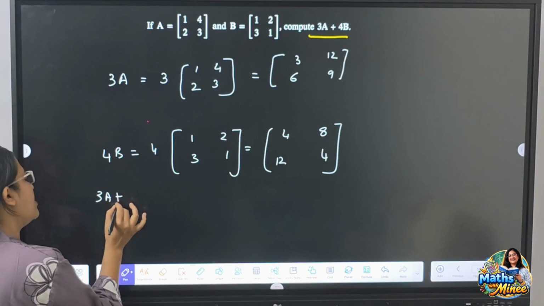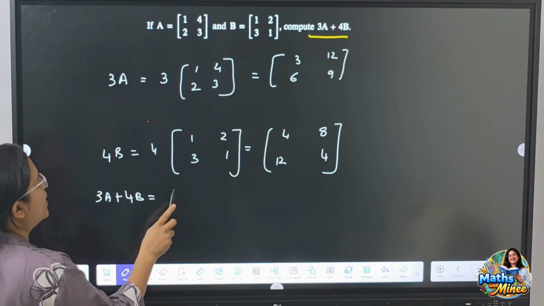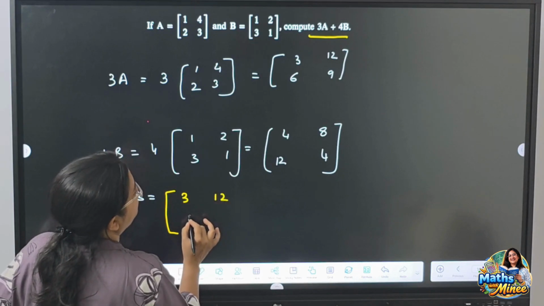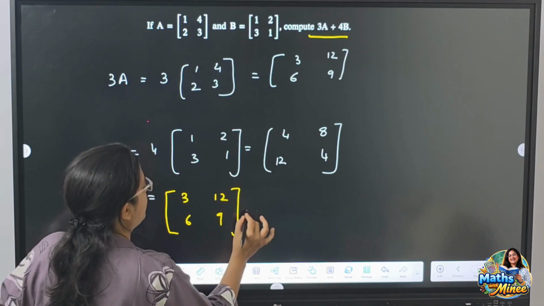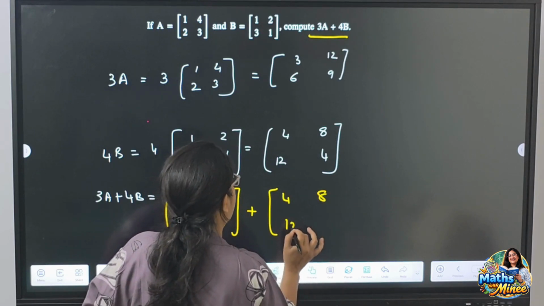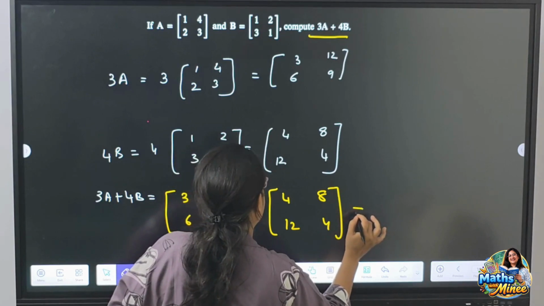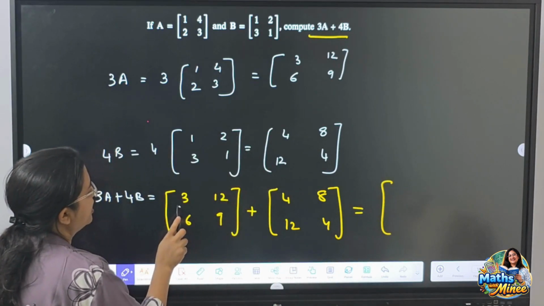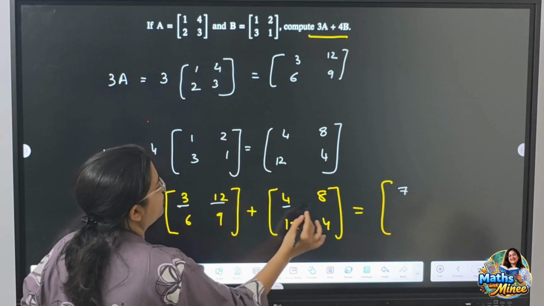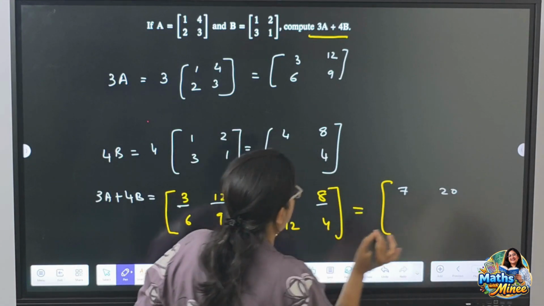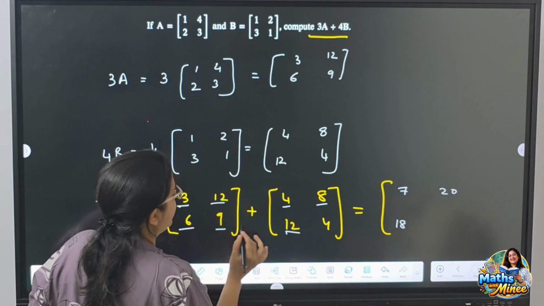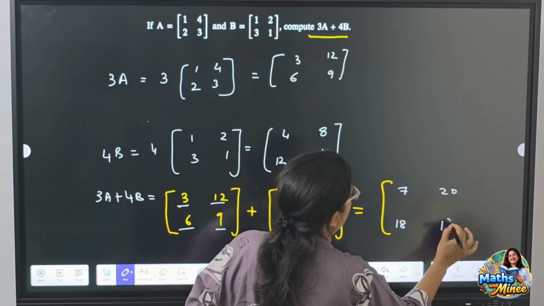So 3A plus 4B is equal to 3, 12, 6, 9 plus 4, 8, 12, 4, and the final result will be: 3 plus 4 is 7, 12 plus 8 is 20, 6 plus 12 is 18, 9 plus 4 is equal to 13.